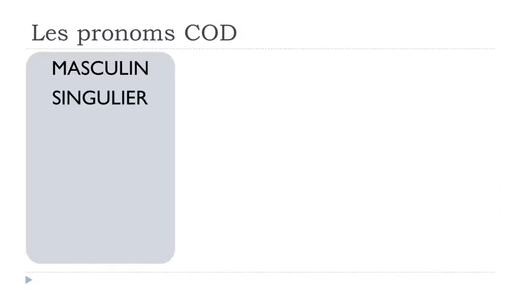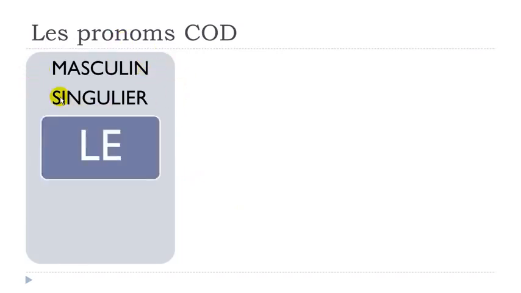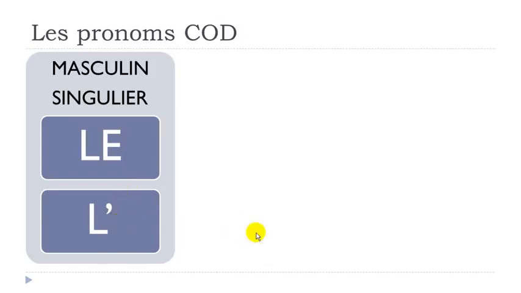As usual, we will have the difference between the masculine, the feminine, and the plural. We'll start with the masculin singulier: le, or, if a vowel comes after, the e disappears and it's l apostrophe.